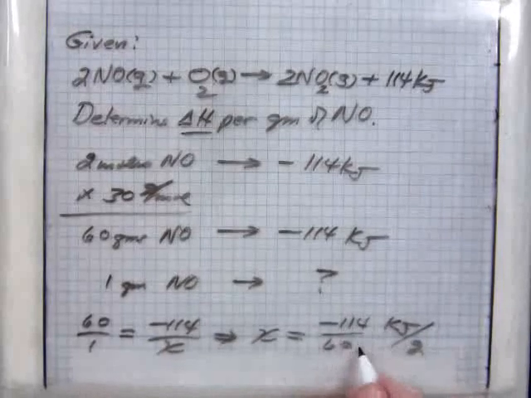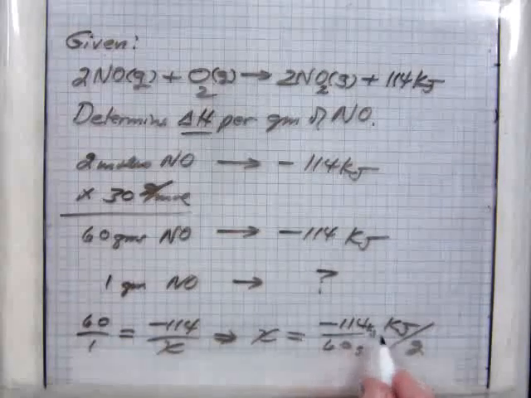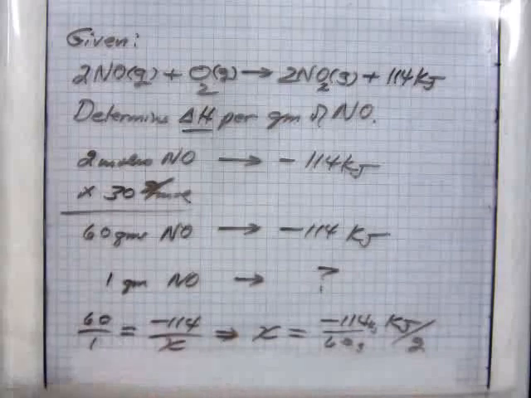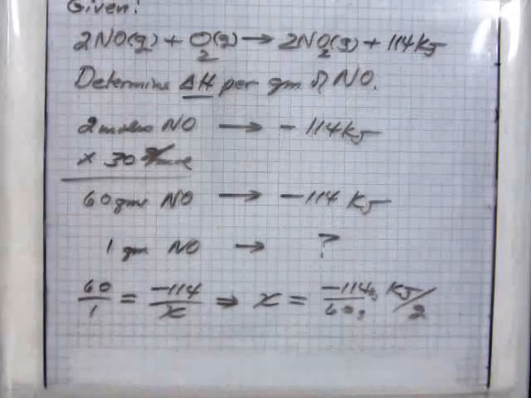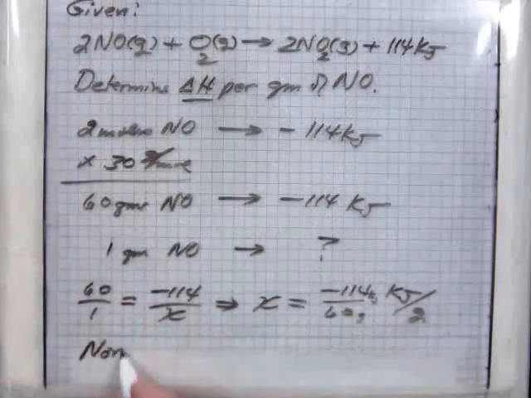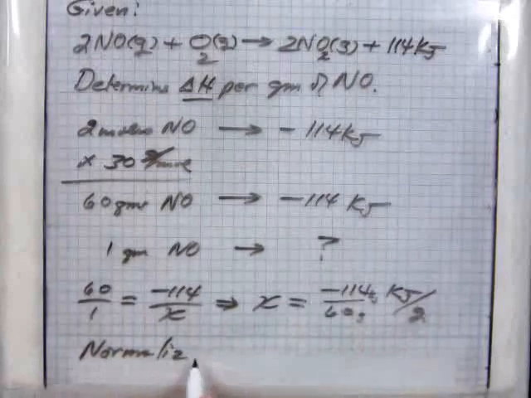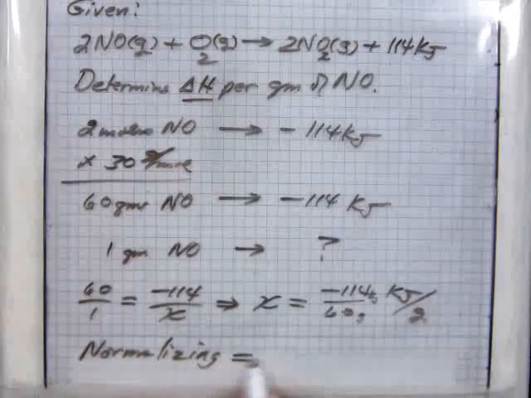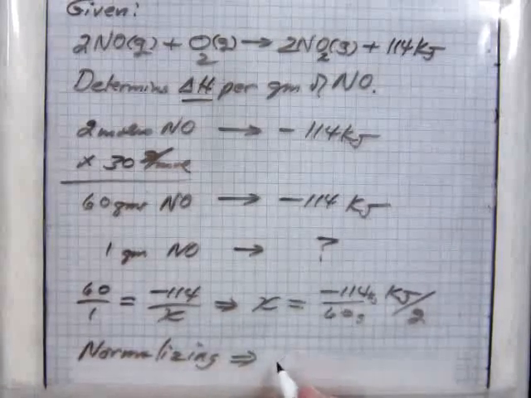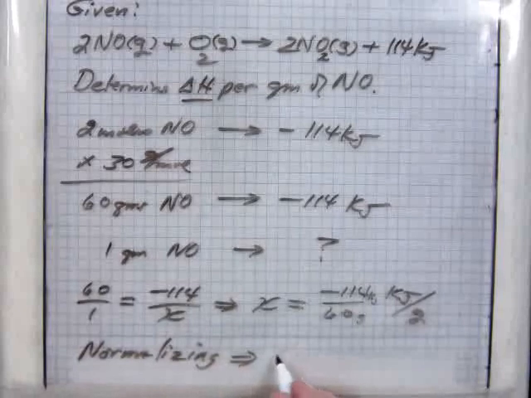See, this is in grams, kilojoules, and all you're doing is normalizing. If you're not familiar with the terminology of normalizing, what this means is convert the denominator to 1.